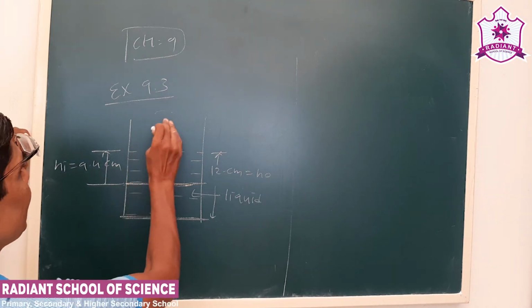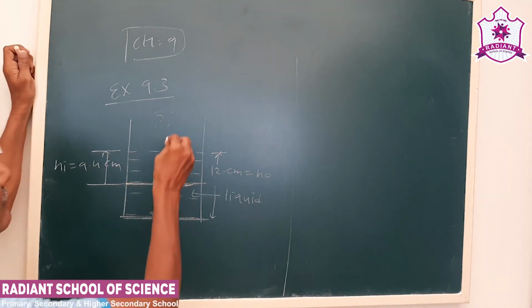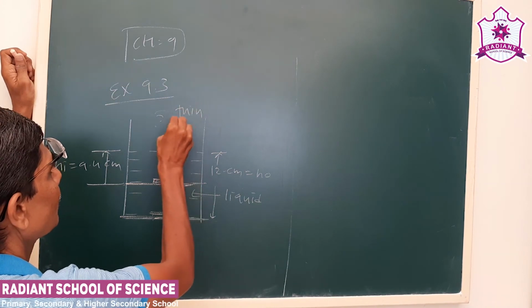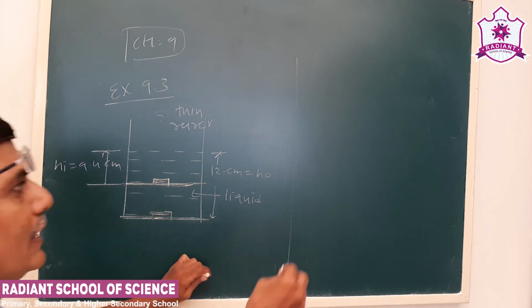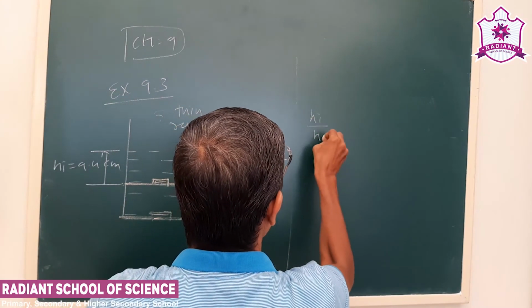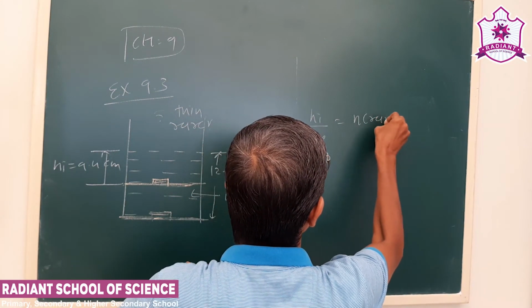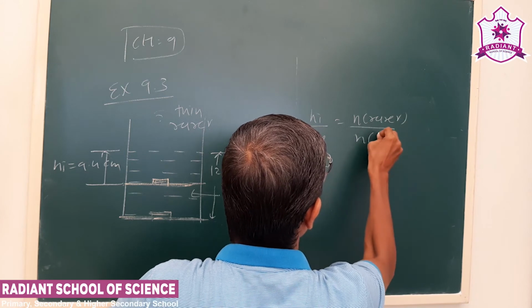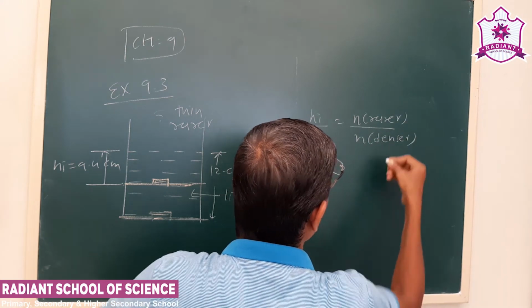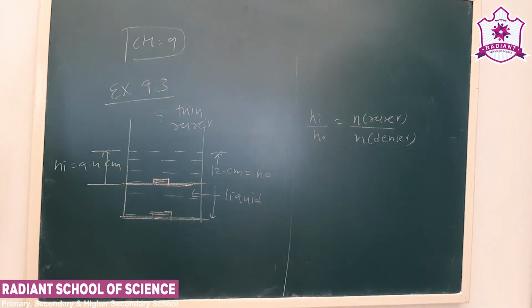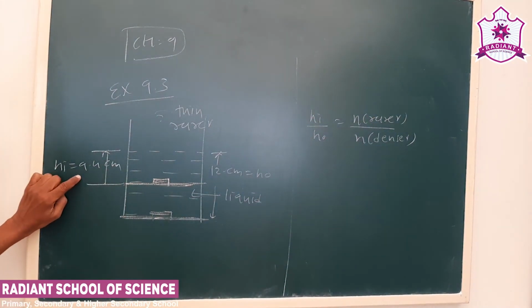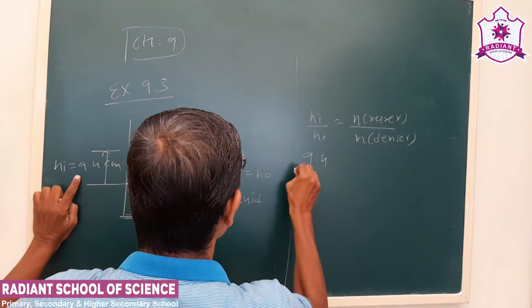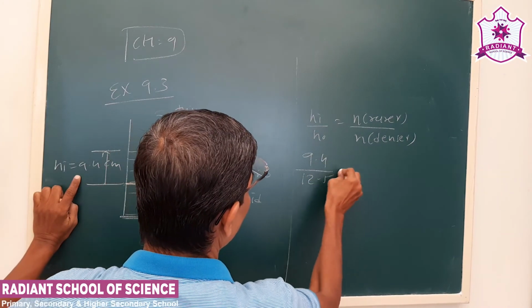Now see, let us say here is our observer, which is in a thin medium or rarer medium. Okay, now we use the formula Hi upon Ho is n rarer upon n denser. Now see, we have to keep in mind, whichever medium the observer is in, that will come in the numerator. Now Hi is 9.4, Ho is 12.5 centimeter given.